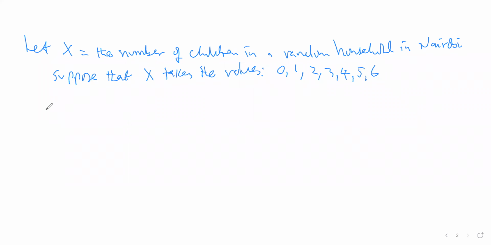Then you can come up with a table like this, where one of the columns captures all the possible values of the variable in question. That is the sample space. So in our case, this is the sample space.